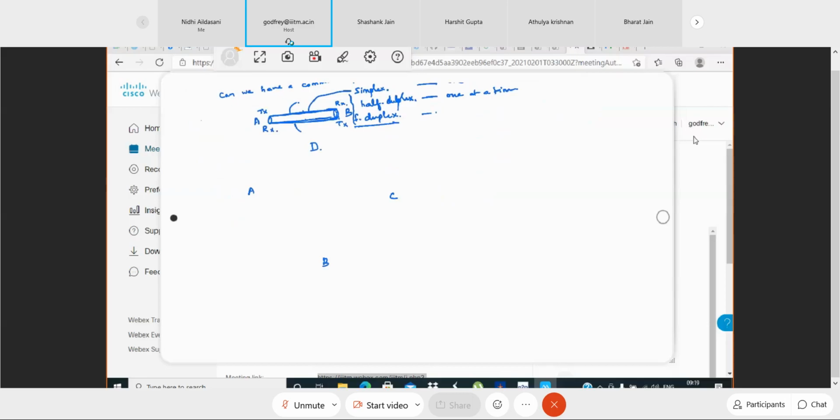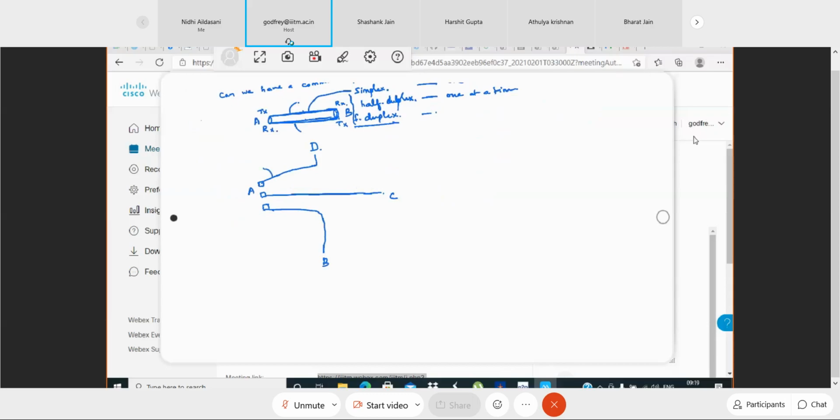Now A should have three receivers, by which he will be able to get the data from B, from C, and from D. If he wants to communicate with D, or with C, or with B, then he will use these three.